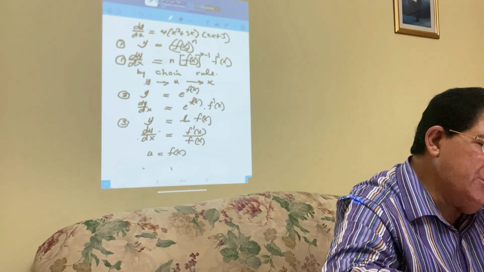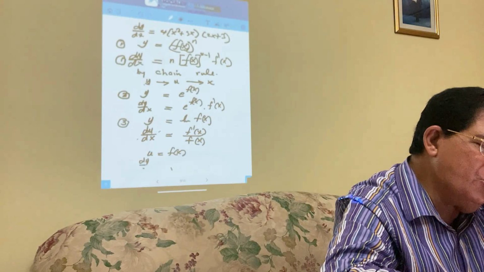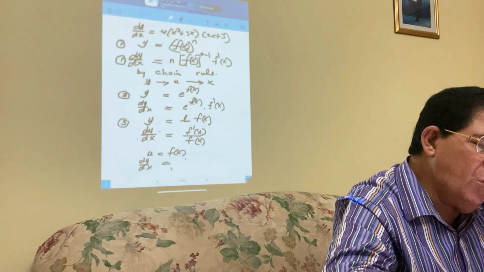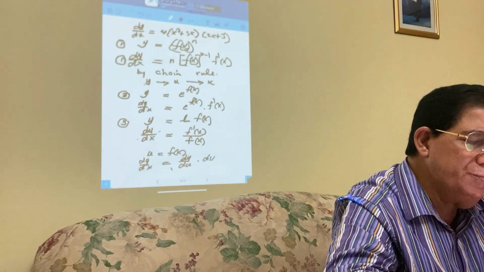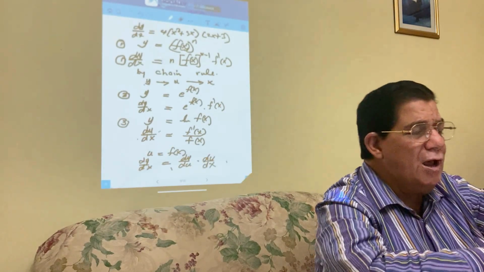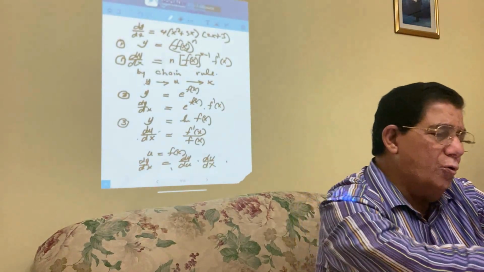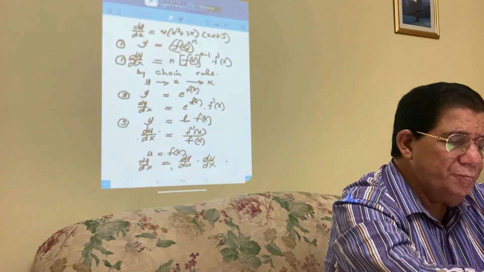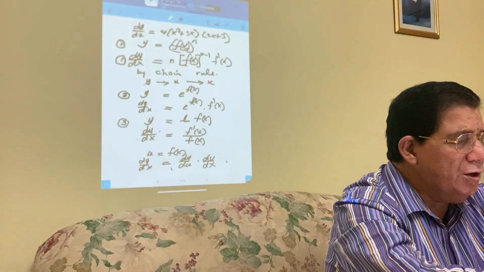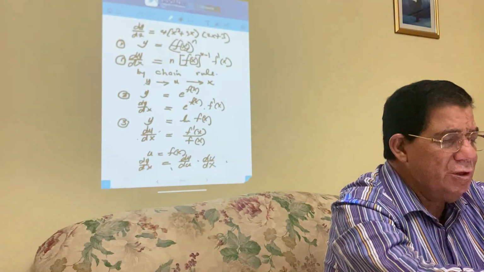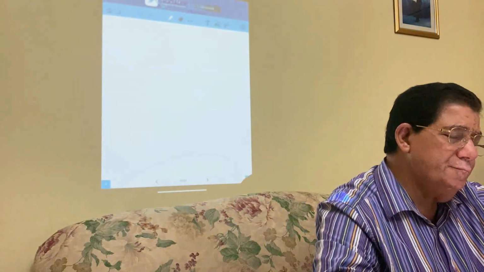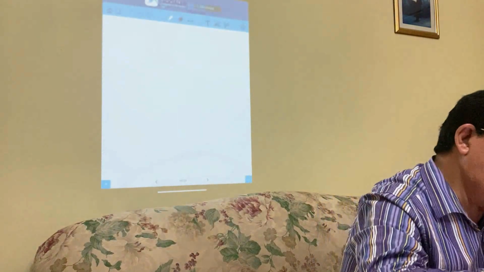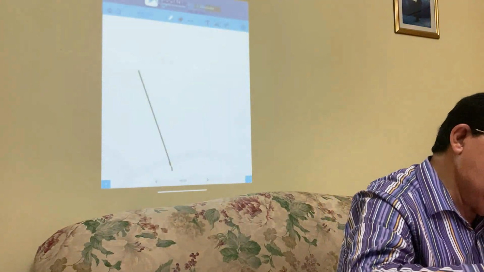And then we get dy by dx equal dy by du times du by dx. This is how we can prove all these 3 rules. We just need to take examples about this.